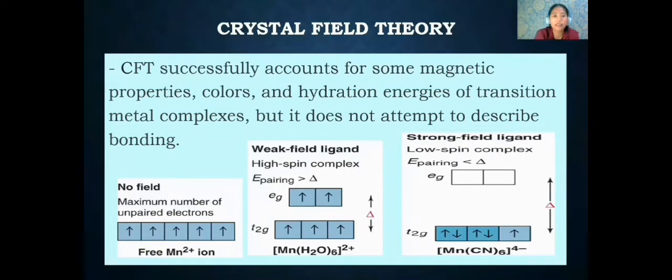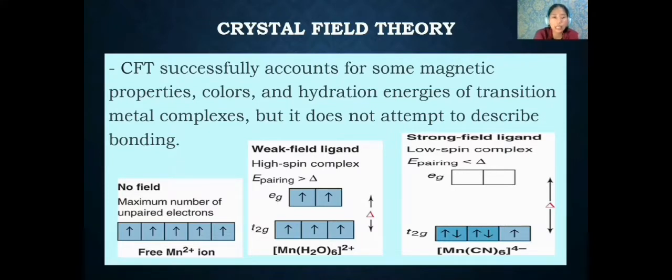So the CFT, crystal field theory, successfully accounts for some magnetic properties, the colors, and the hydration energies of transition metal complexes. But it does not attempt to describe bonding.